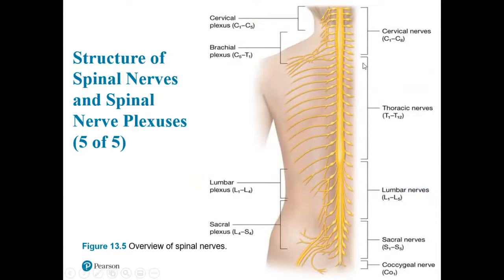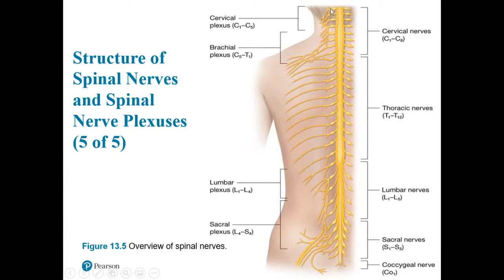So here are the spinal nerves. So we know these divisions already. We've been studying these divisions since the beginning of the semester, right? So it's going to be easier, if you will, to remember them. First, we have the cervical aspect of the spinal cord.